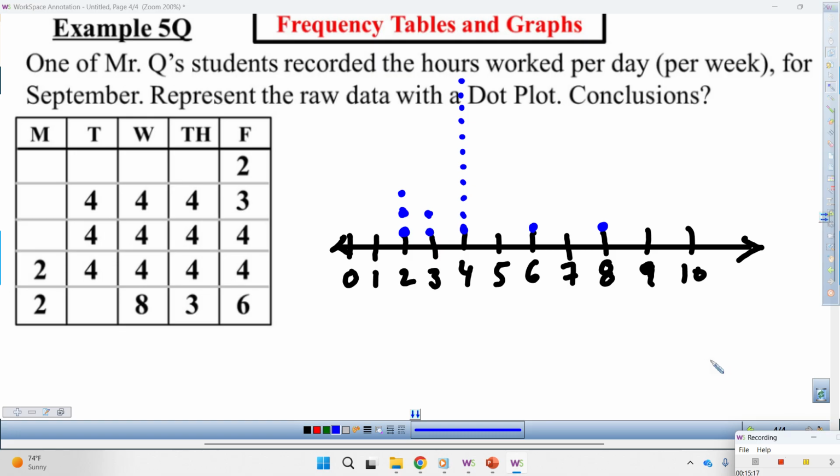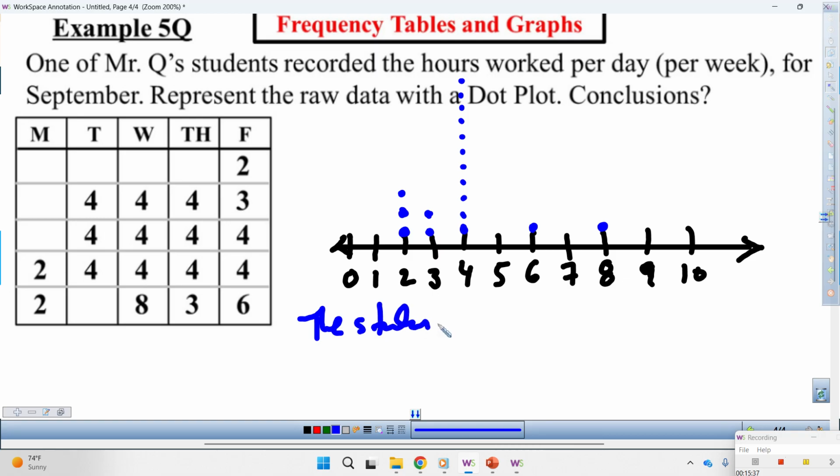All right, let's see. Who gave us a conclusion last time? All right, pass the one, Isaiah. Ezra, by looking at my graph over there, my dot plot, what do you conclude about that person's hours? That is correct.